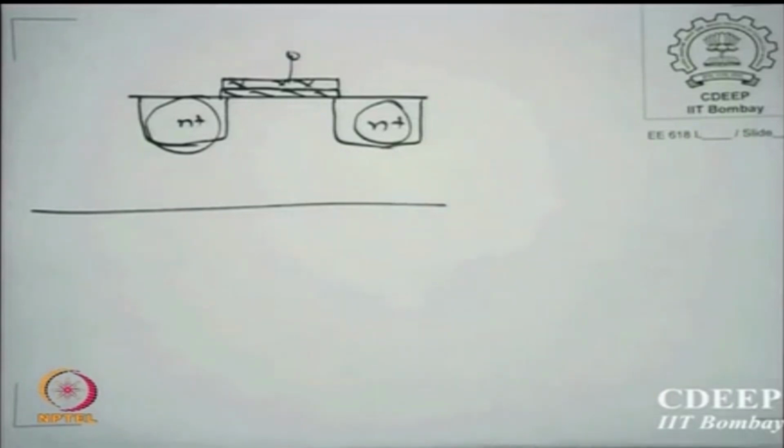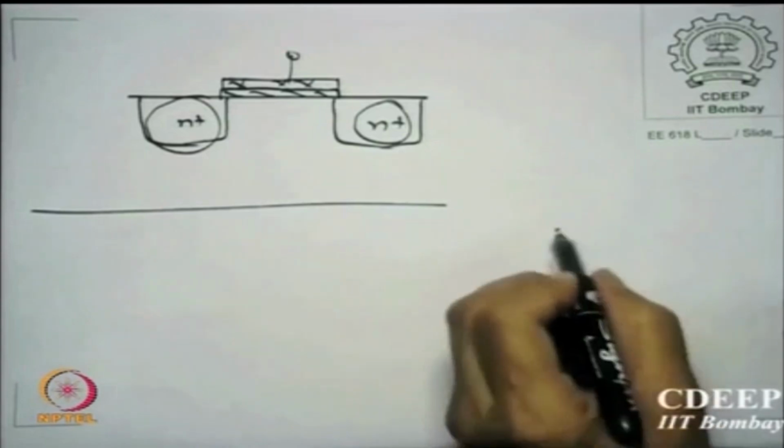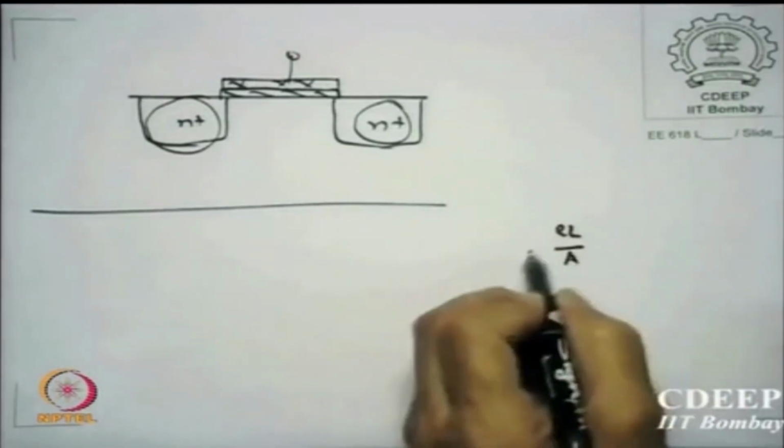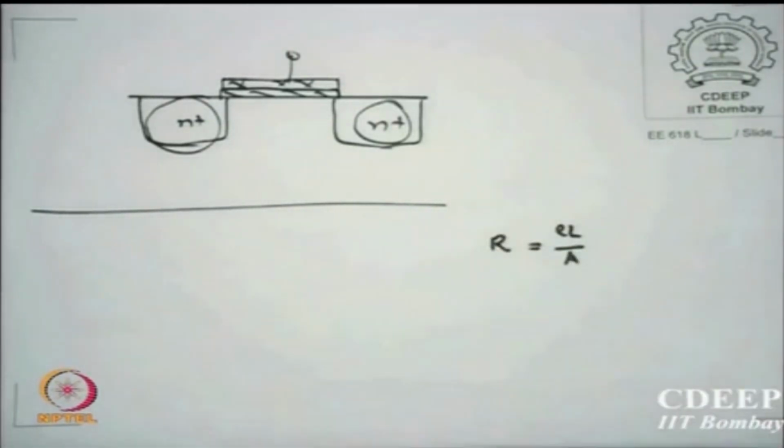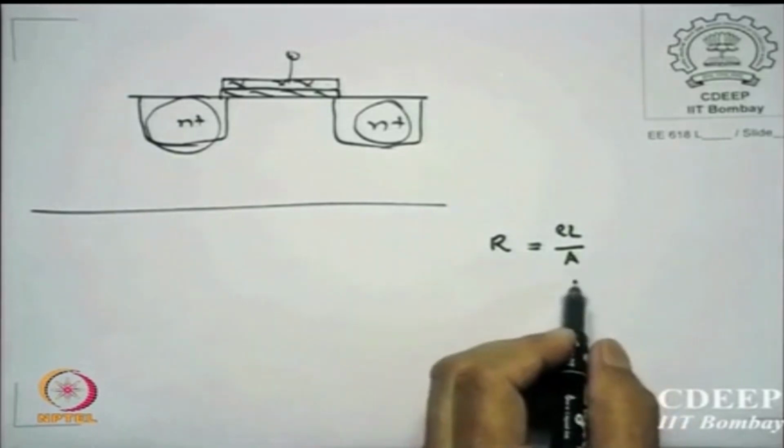Now that is where the problem started. Why did we start looking into it? If you see rho L by A as the R, you may actually reduce rho because of higher doping, but this area is also going down because you are scaling.